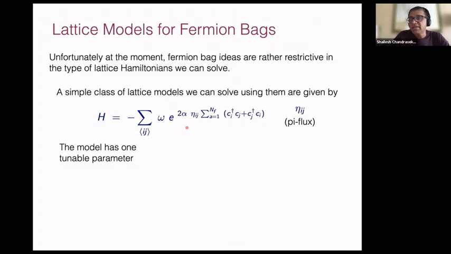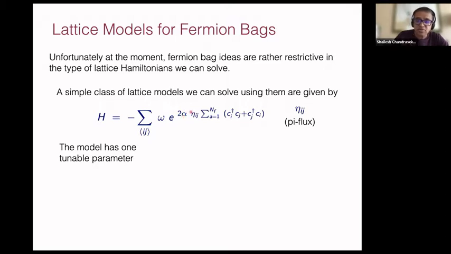So the model has one tuning parameter. Omega sets the scale, and you can change alpha naturally. When alpha is very small, this is almost like a free fermion, since you exponentiate it. So when alpha is small, you are basically close to the free fermion fixed point. And then as alpha is tuned, we get into some interesting phases.